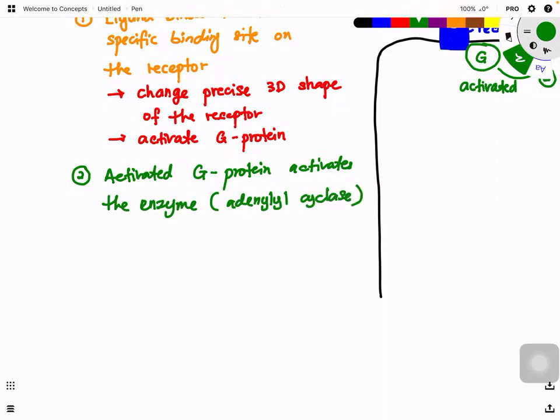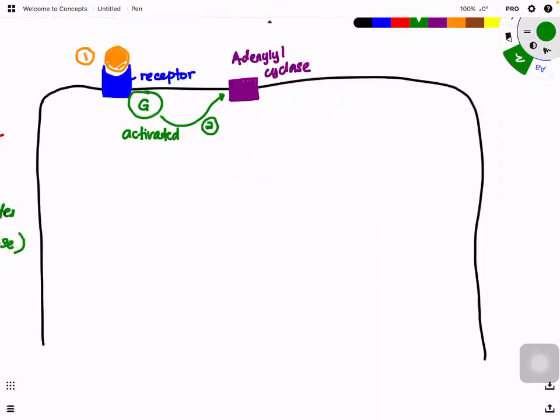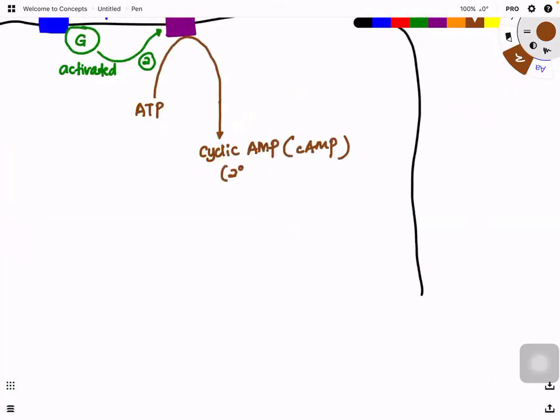So what's the third process? The enzyme produces a second messenger here. From ATP it becomes cyclic AMP, or cAMP. So cAMP acts as the second messenger.